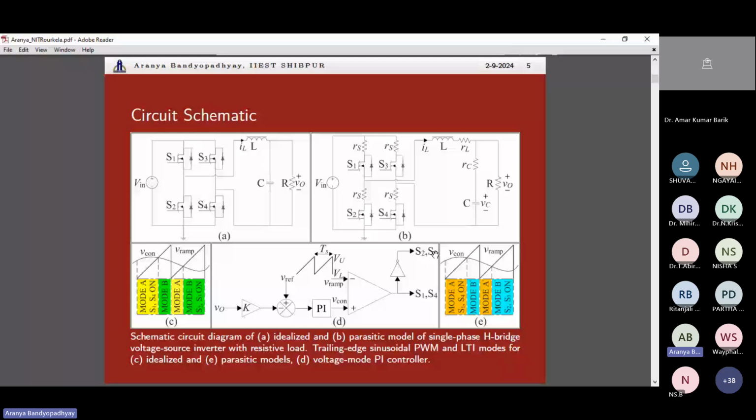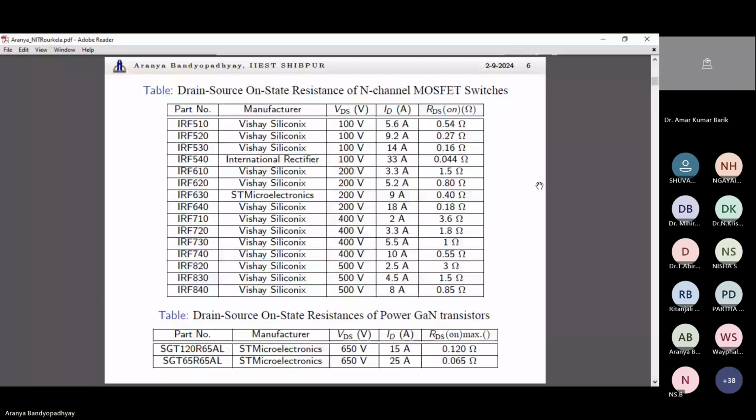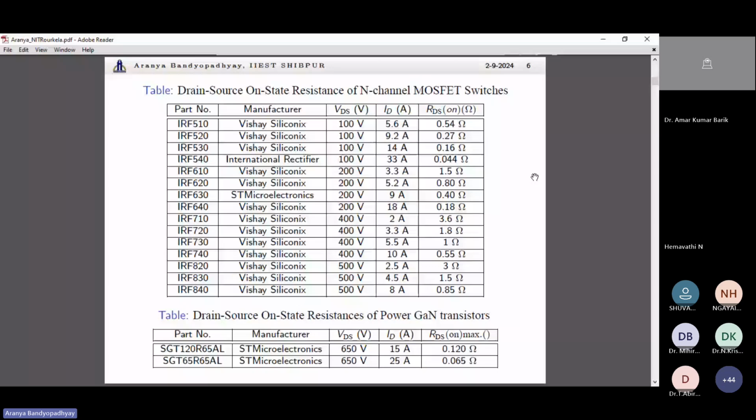Now, if you just take a look at the various data sheets, you will see for the N-channel MOSFET switches, which is basically the IRF series, the IRF 510 up to 540. What does it indicate? It indicates that the maximum operating drain to source voltage is 100 volts.